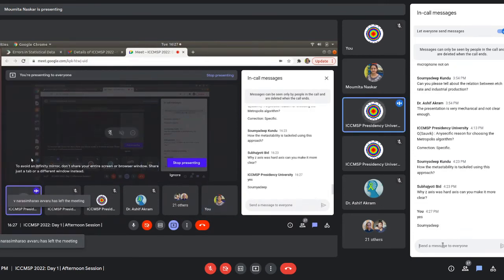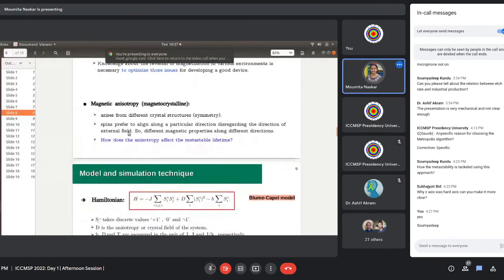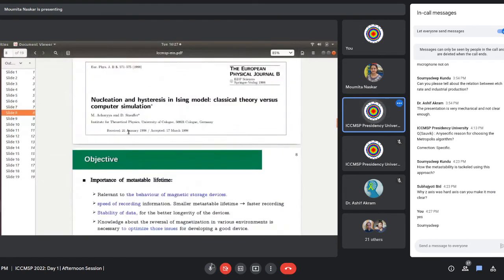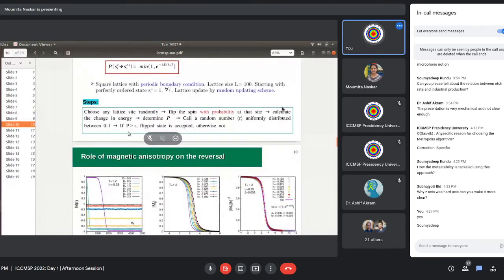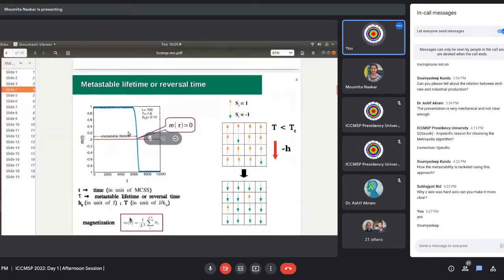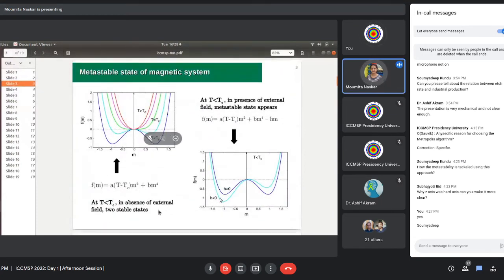Shomodip, can you specify your question? It will be better if you can ask directly. Yeah, decay of metastable state to the stable state. Hello? Yes, just carry on.